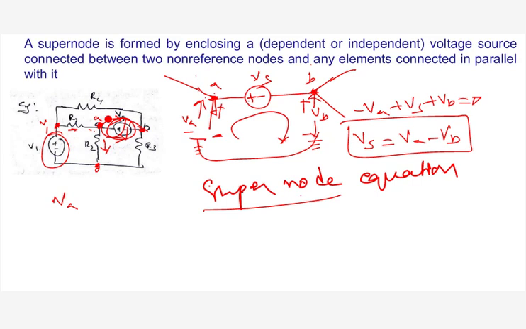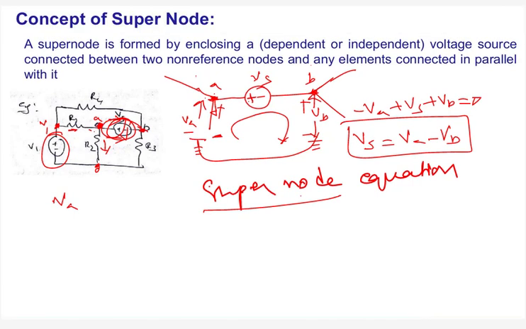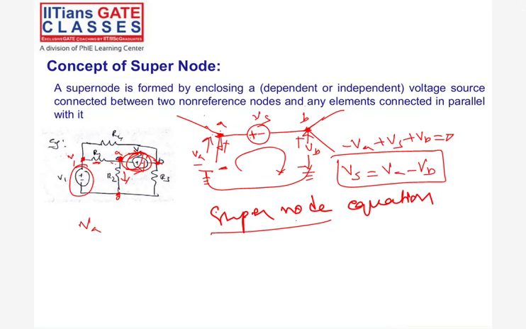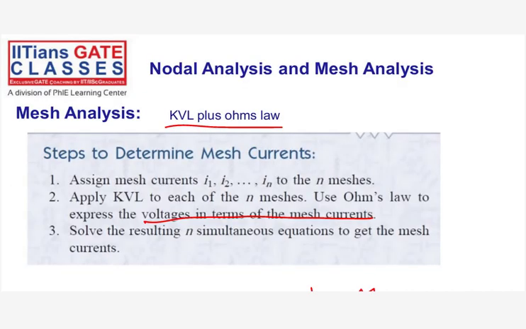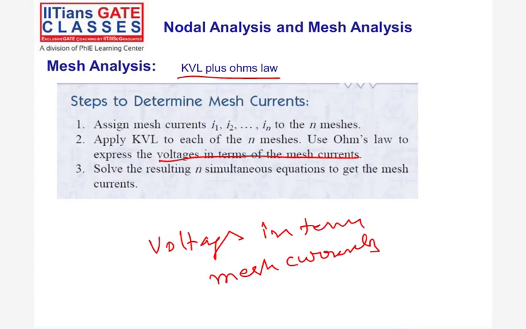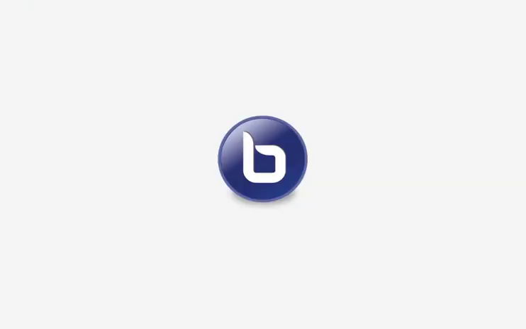This is V1, V2, R1, R2, and R3. So help me doing this. This is my meshes. I have two meshes, I1 and I2. So what I have to do is write voltages in terms of mesh currents. So all the drops in this mesh, I have to write in terms of currents.